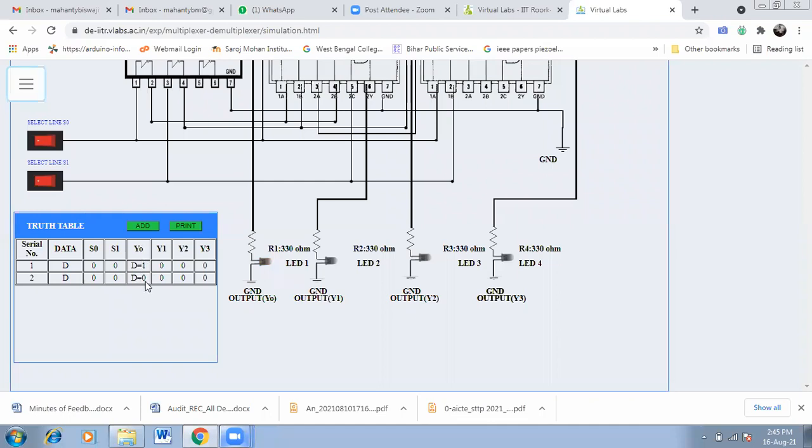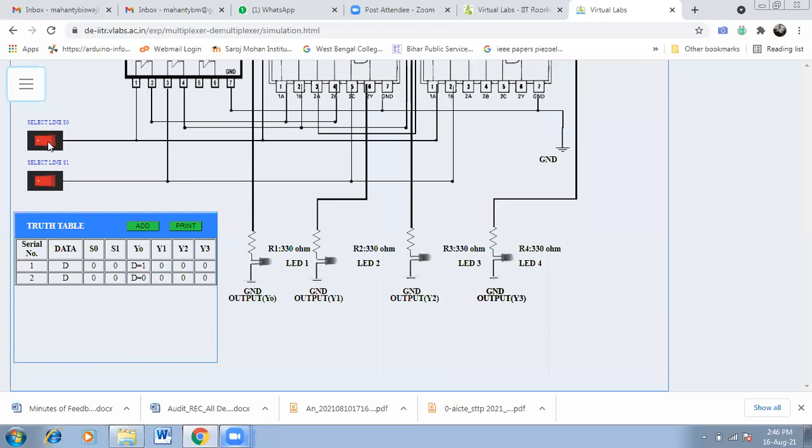So the input will be the output without any change. If the input is 1, the output is also 1. If the input is 0, the output is 0 every time, for Y0, Y1, Y2, Y3 in every case. But which output will be selected is decided by the data select inputs, S0 and S1.